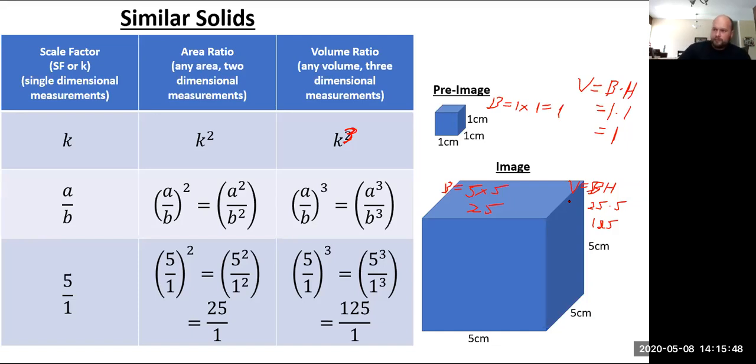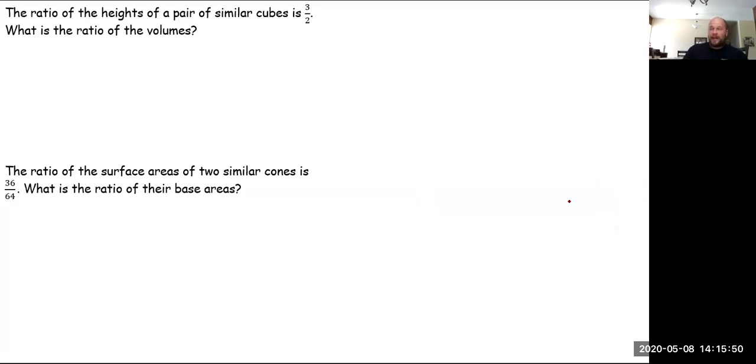So let's see how we could use this to find different things. In the first one here, it says the ratio of the heights of a pair of similar cones is 3:2. What's the ratio of the volume? If you knew how the sides compared, you'd be able to take that value and apply it to the volume.